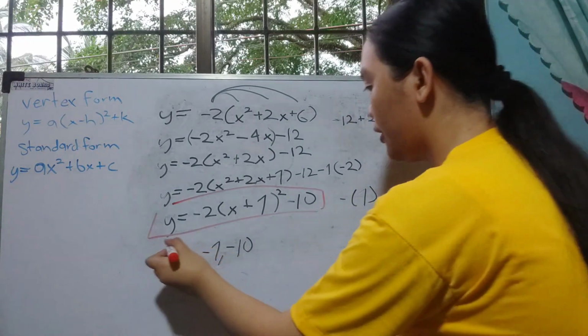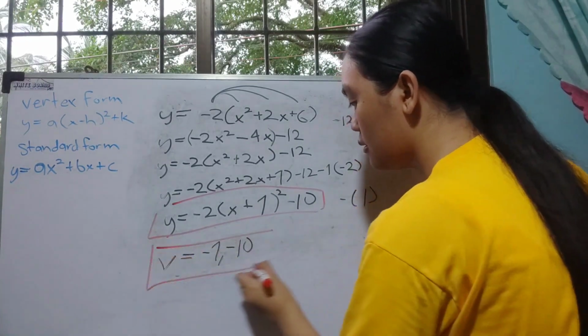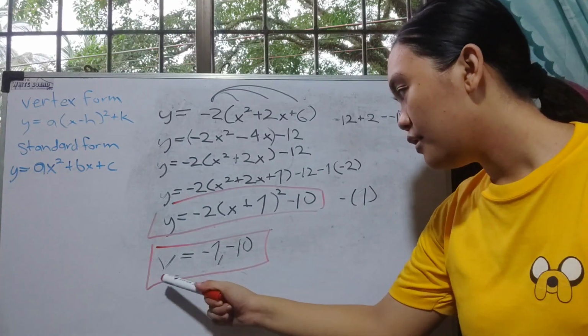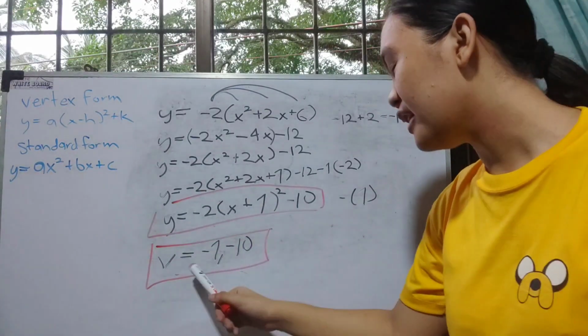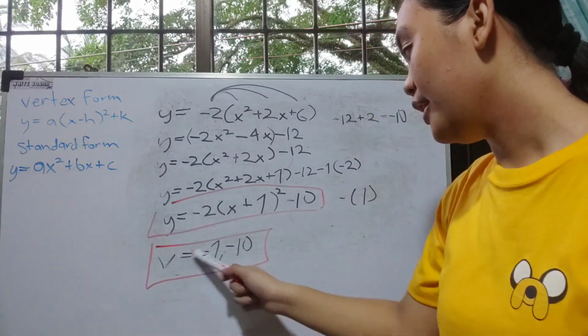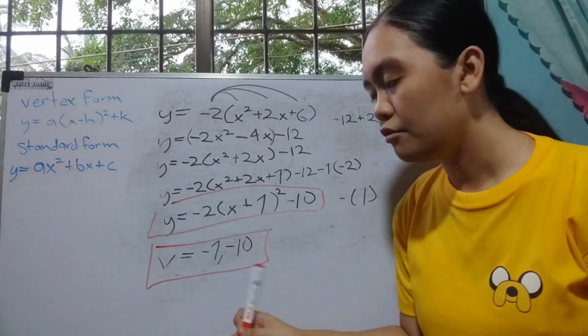There are our points. Our vertex is equal to negative 1, which is our h, and negative 10, which is our k.